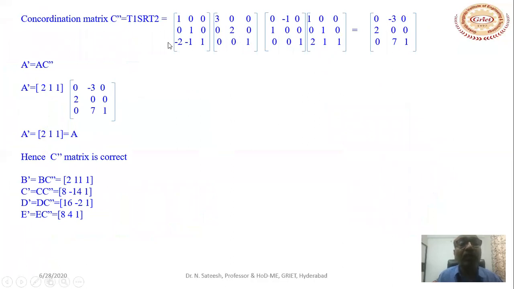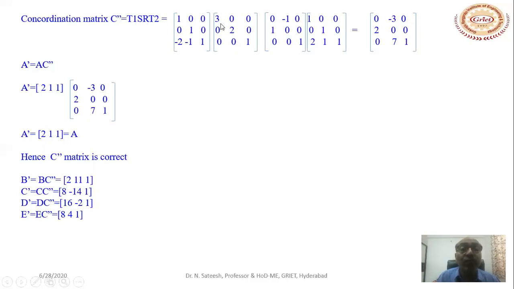We have to multiply all of these to get the concatenation matrix, as we did in the last problem. It is called the combined matrix C double dash, equal to T1 S R T2.